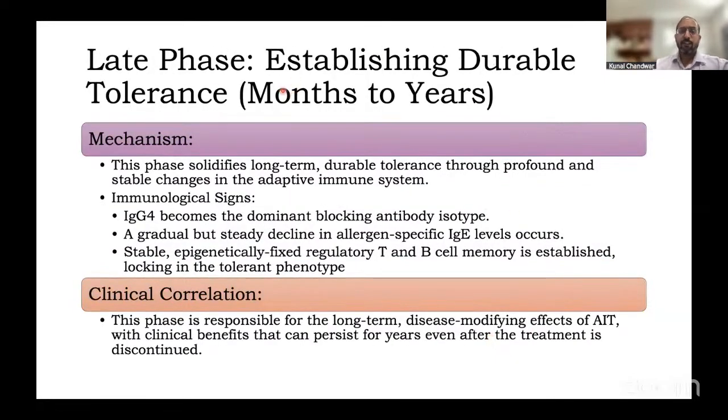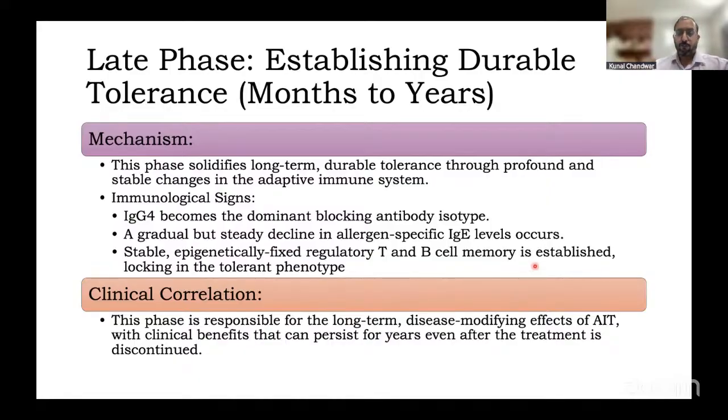The late phase is from months to years. You start producing more IgG4 antibodies that become the dominant blocking antibody. A gradual but steady decline in the allergen-specific IgE starts, and you have epigenetically fixed changes in the regulatory T cells and B cells that I did talk about.